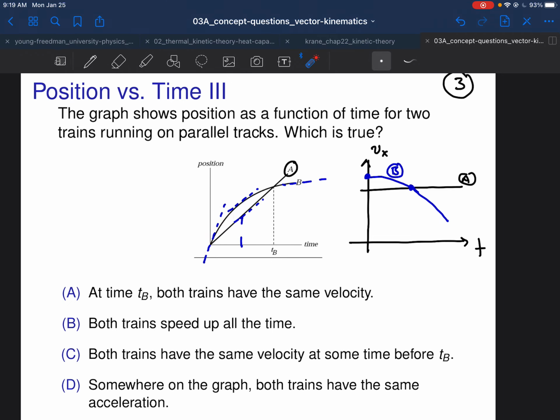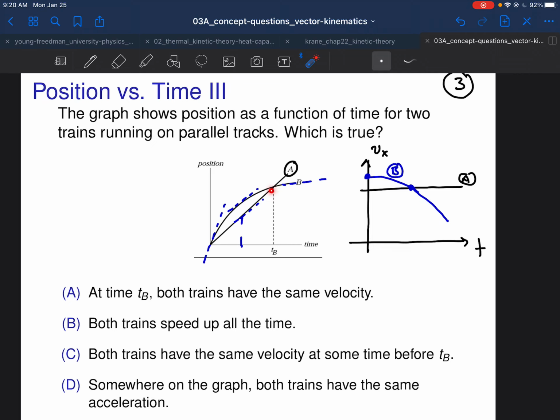B was going faster at the beginning, so it's like they started out together, and then B went ahead of A, and then as B slowed down, A passed. So this is sort of like the tortoise and the hare. The tortoise, A, is moving slowly but constantly. The hare is going fast and then gets tired and takes a break and a snack, and eventually the tortoise wins.